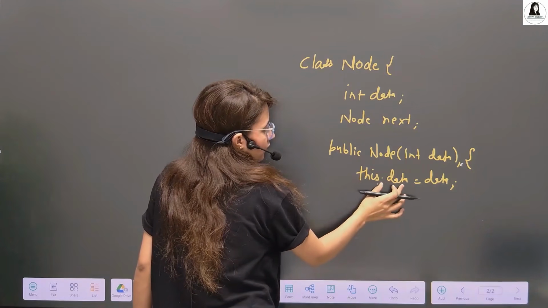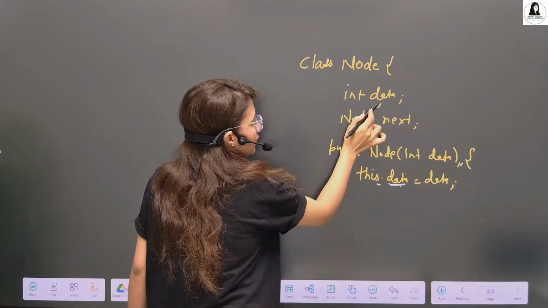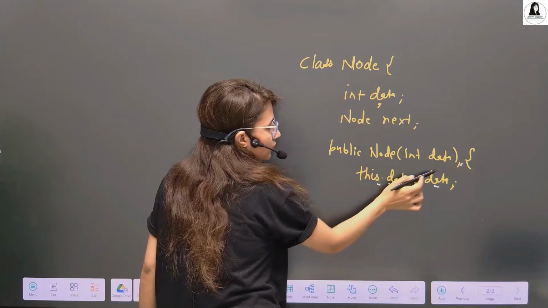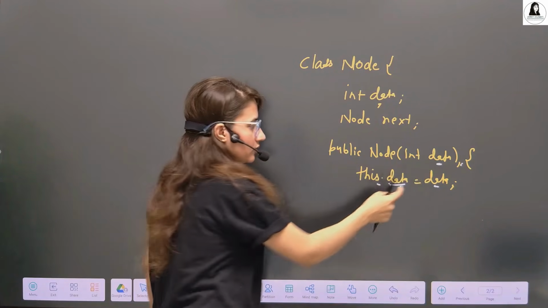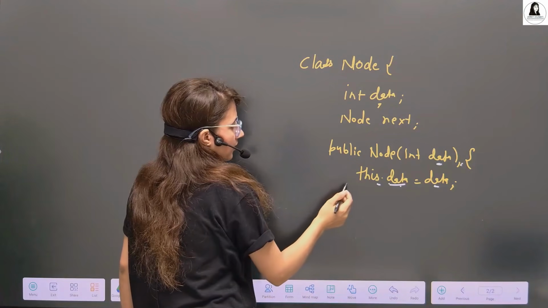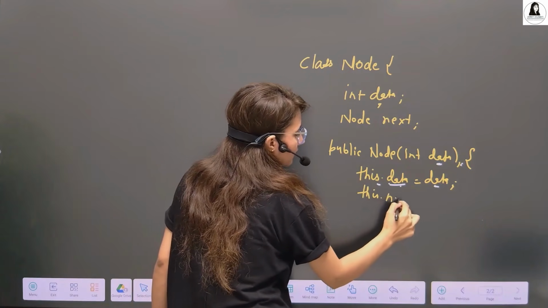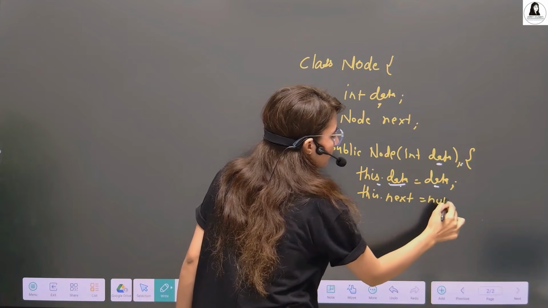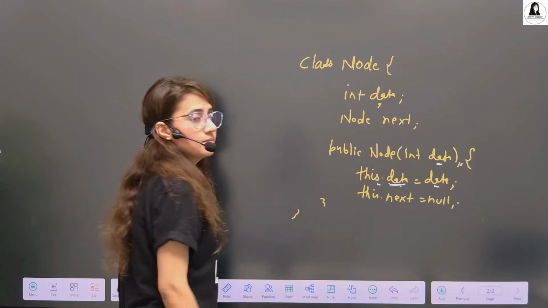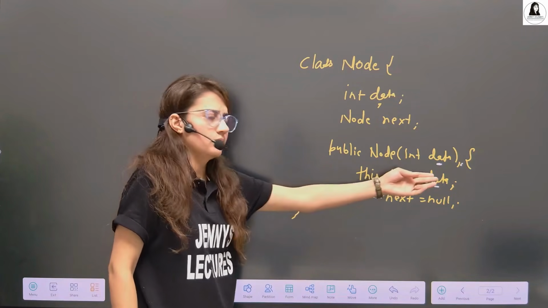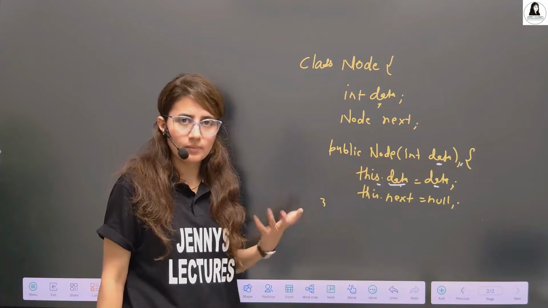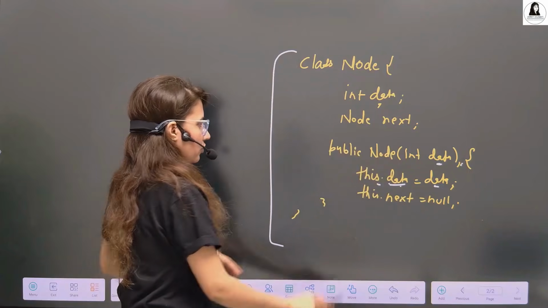So this.data means this is going to refer to this field, and this is going to refer to the name of this parameter, right? And this.next pointer would be null. That's it. Whenever you create a new node, we give the data, and next would be null by default. So this is basically the structure of the node. This is how we create it.